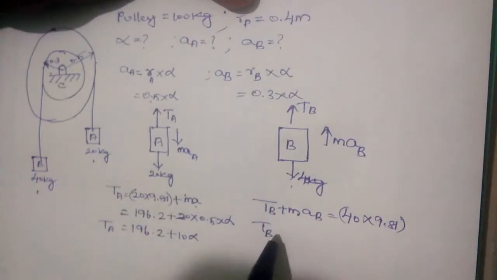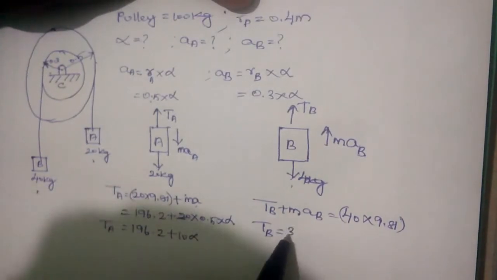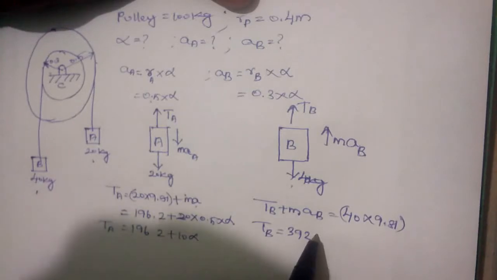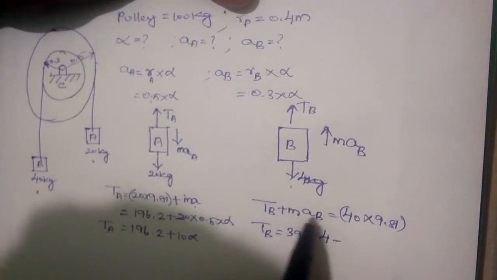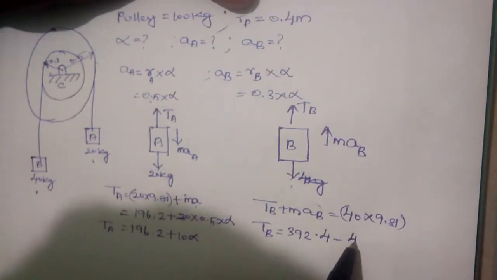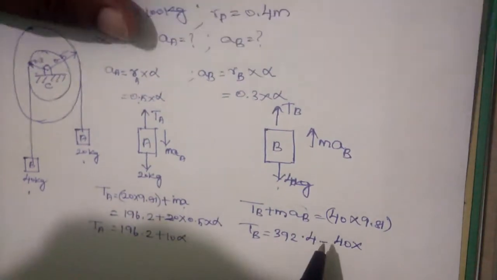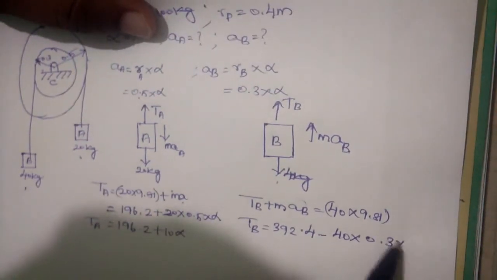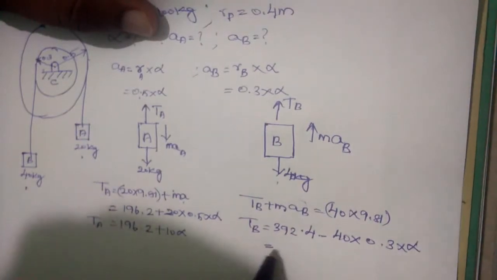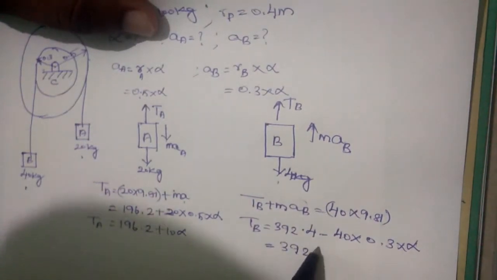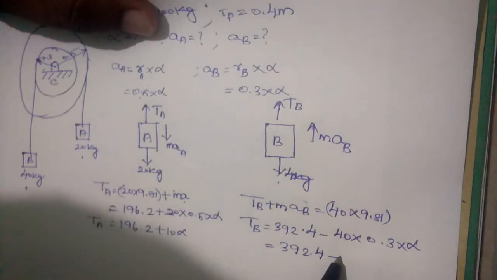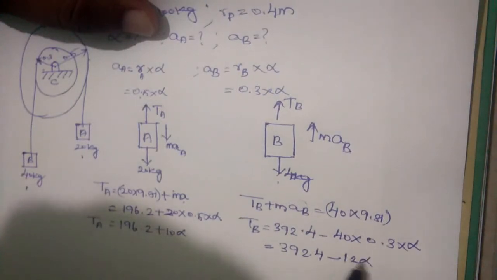Therefore TB is equal to 392.4 minus M into A, that is 40 into the linear acceleration of cylinder B, which can be written as 0.3 into angular acceleration alpha. Further, this can be written as 392.4 minus 12 alpha.